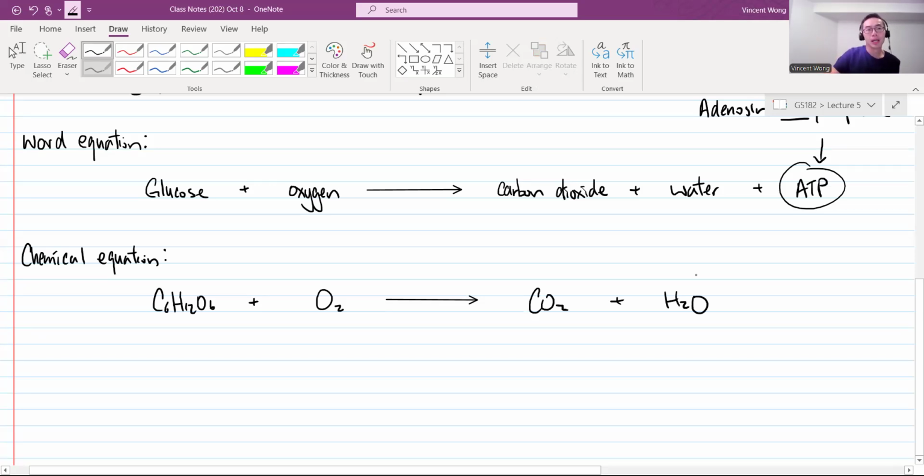In any chemical reaction, the number of atoms on the reactant side has to equal the number of atoms on the product side. For example, if I have 6 carbons here, I need to have 6 carbons on the right, because atoms cannot be created or destroyed in a chemical reaction. What you have on the left side has to be the same as what you have on the right side.